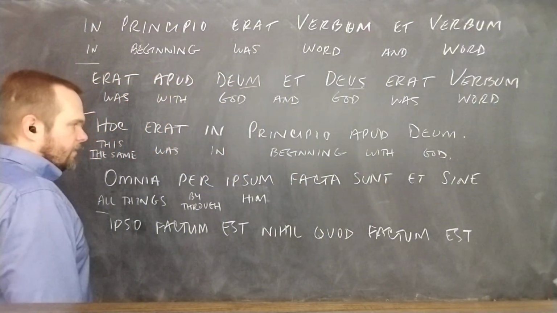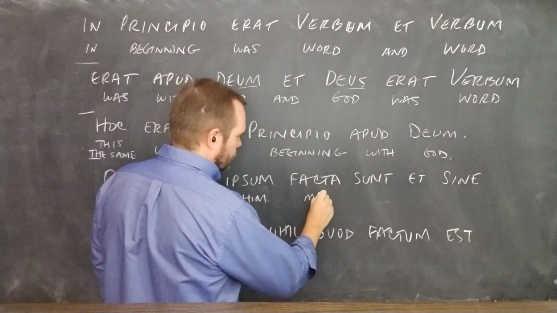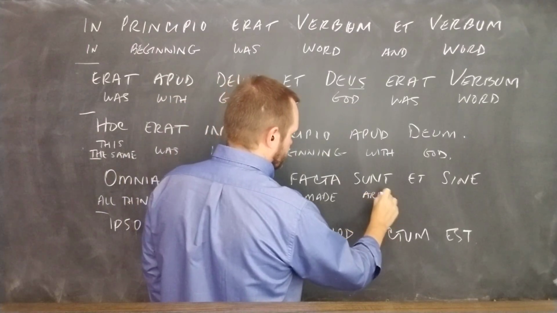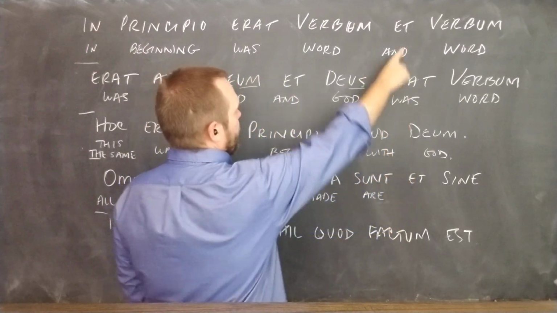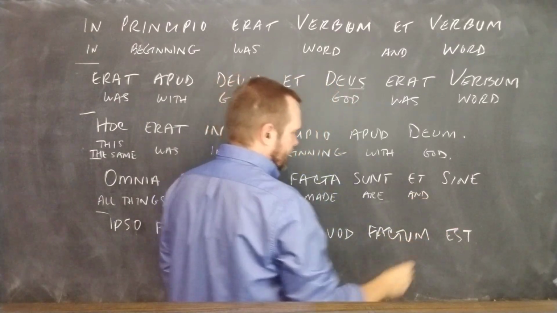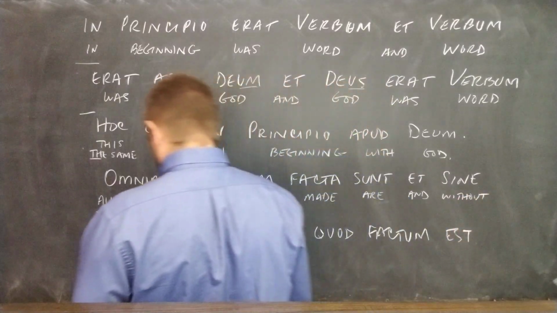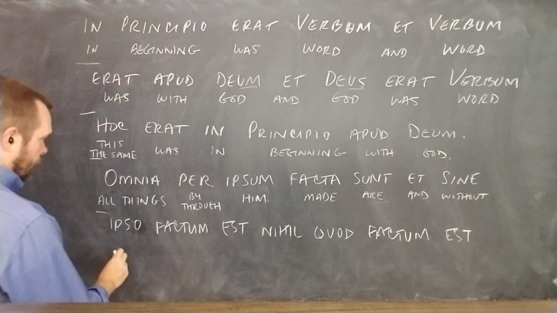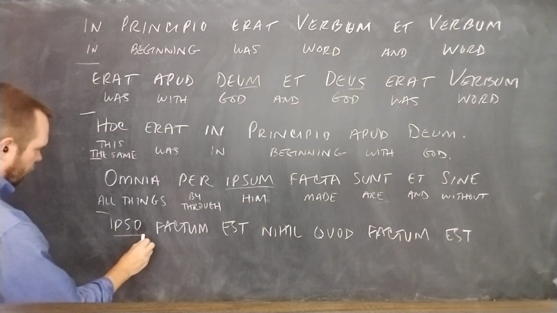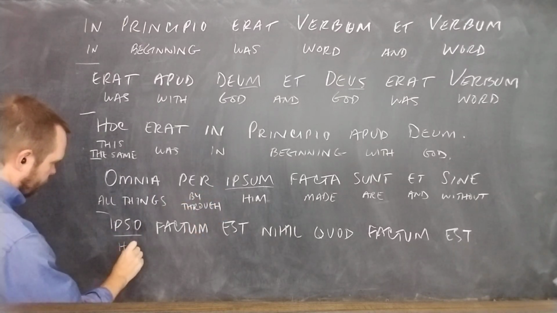We continue. Facta, I look up on the exposition and I see facta means made. Sunt means are. Et, we've already seen et before, it means and. I then see that sine means without. Ipso, we already saw the word ipsum. Here we see ipso. It's a different form of the same word, and it means him again.